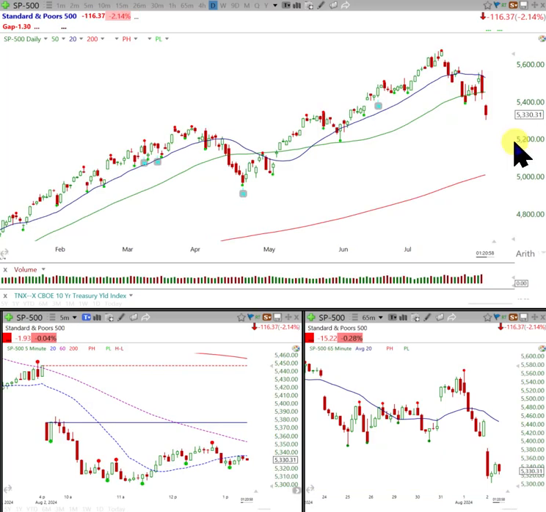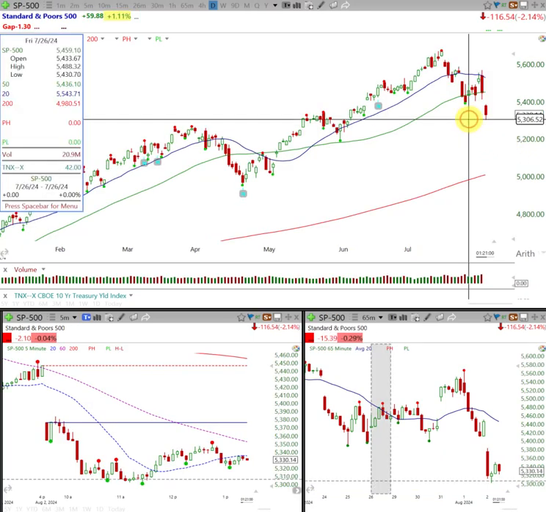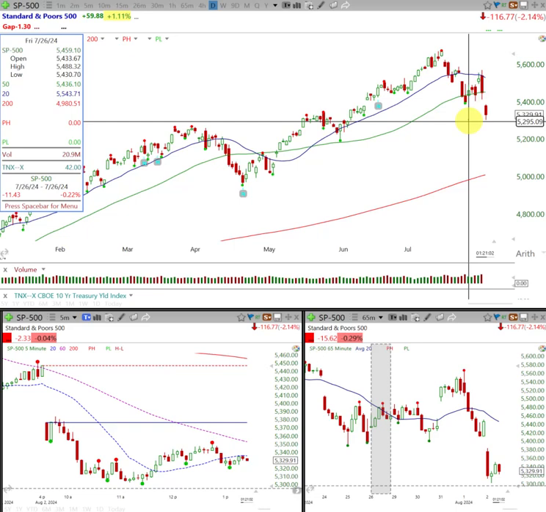S&Ps so far have held the 5,300 strike, which I mentioned pre-market. It's had the biggest volume today at that strike, expiring today. Many times the strike with the biggest volume is where prices will go, and when they get there, it'll provide an area of support.